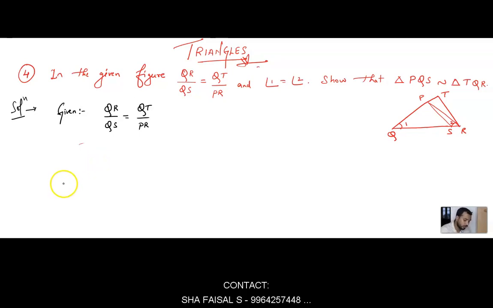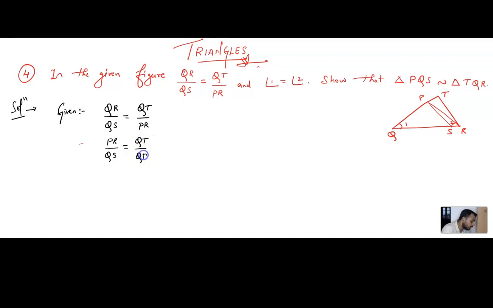Now what I will do, let me take cross multiplication. Take PR to the LHS side. So what happens? PR by QS is equal to QT by QR. Is this clear?